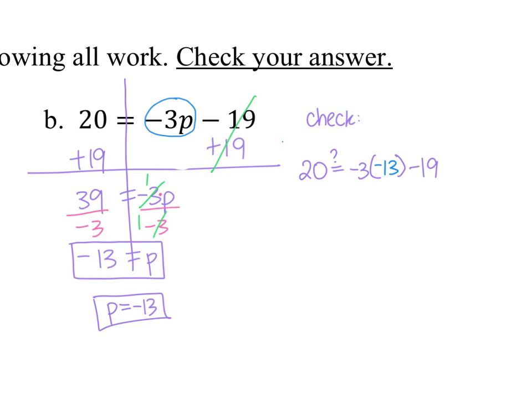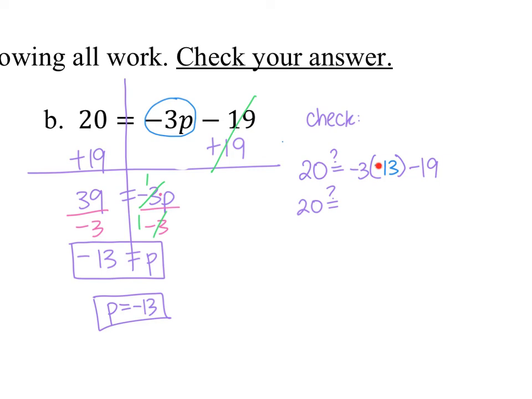So let's do it. The left side we don't need to do anything with because it's just a number. So we're just going to keep carrying that through. But we have to do the operations over here. So we need to figure out what negative 3 times negative 13 minus 19 is. Order of operations says we have to multiply first. So negative 3 times negative 13. Again, use a calculator just to be sure.